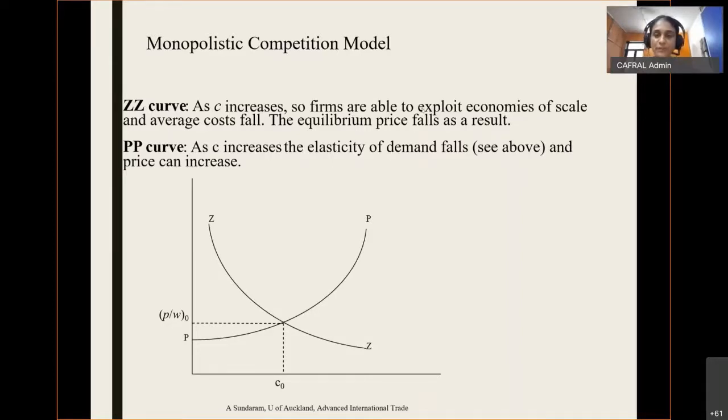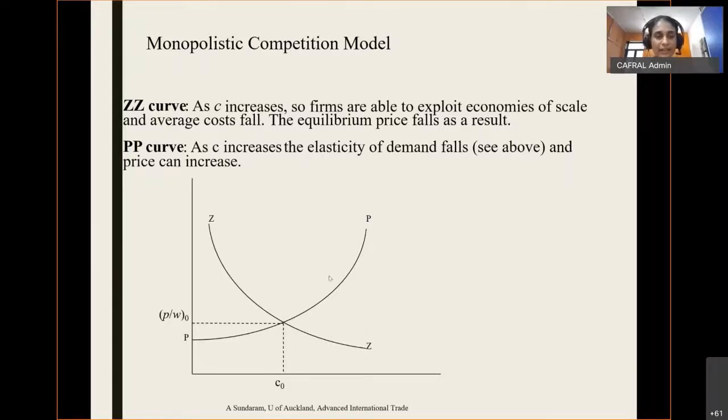Firms are going to be able to exploit these economies of scale, and your average costs are going to fall as your output goes up. That means the equilibrium price is going to fall. So that's just an efficiency gain. That's the ZZ curve, which is downward sloping.